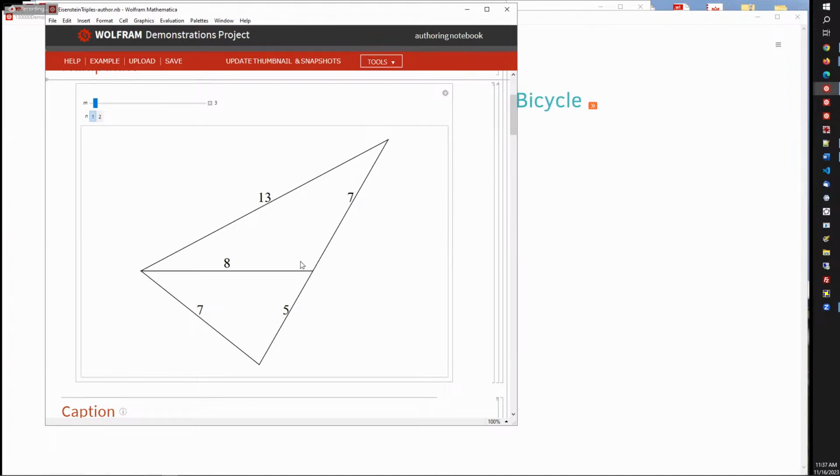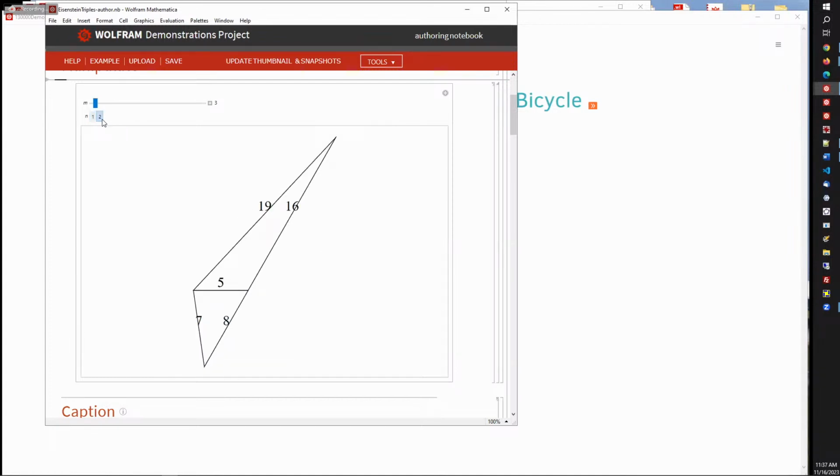These are called Eisenstein triples. There are also Eisenstein numbers on the complex plane, also built on the concept of 60 degrees and 120 degrees. So here are 2 triangles which either have 120-degree angles or 30-degree angles.